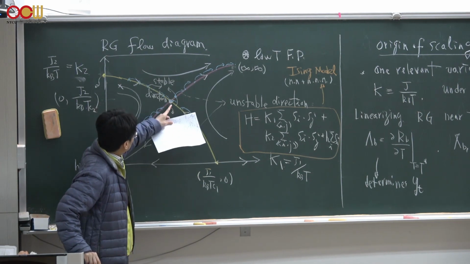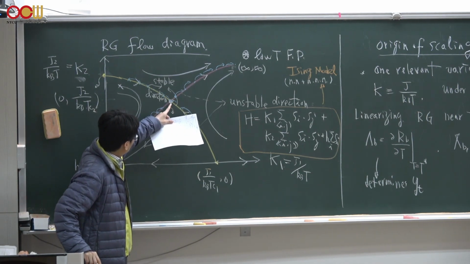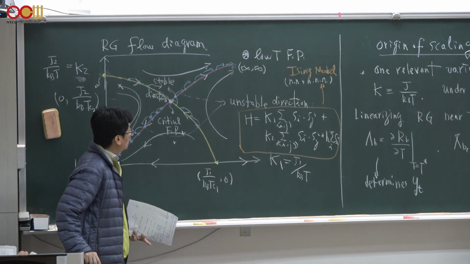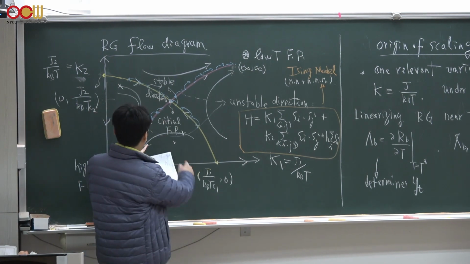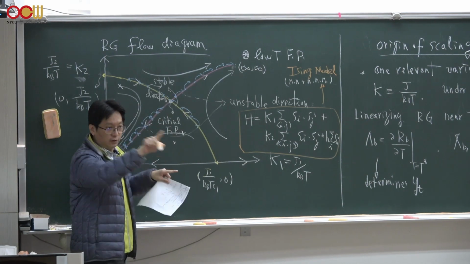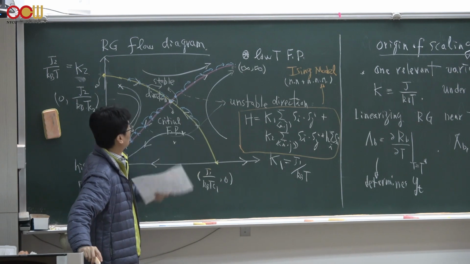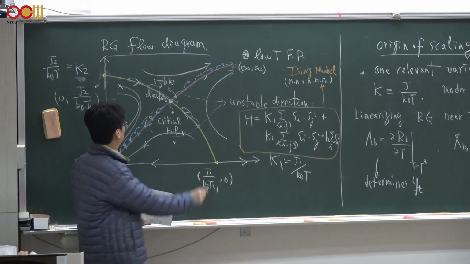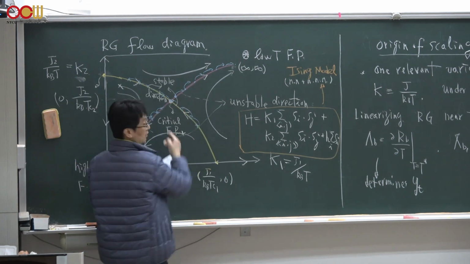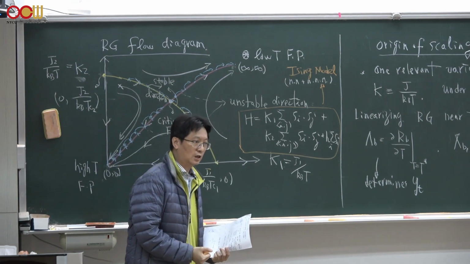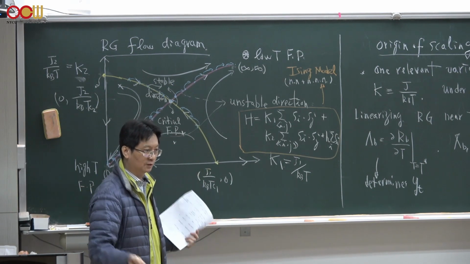The definition of this critical point is that it has at least two unstable directions, and these two directions flow away from this critical point, which are marked by the red curve. You see that if I start from either side of the red curve, eventually the couplings will flow away from that point.